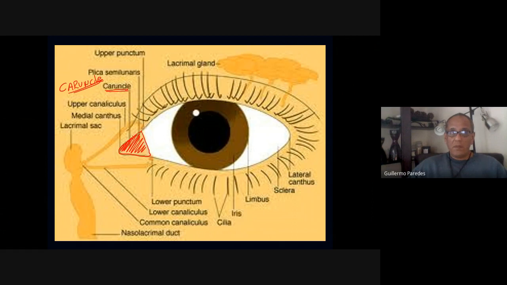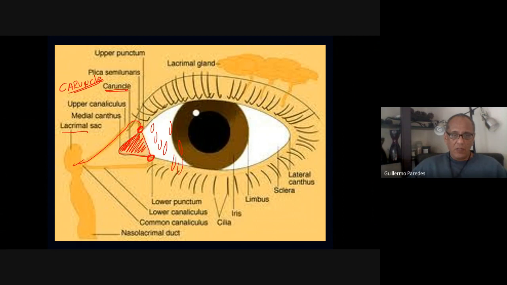This is very important. I'm talking about NCLEX right now, so please pay attention, okay? The caruncle contains two openings here. Two openings. When you are crying, tears are coming, and the tears are going to come into this area of the caruncle. They have two openings, and look at that. They are going to drain into what we call the lacrimal sac.